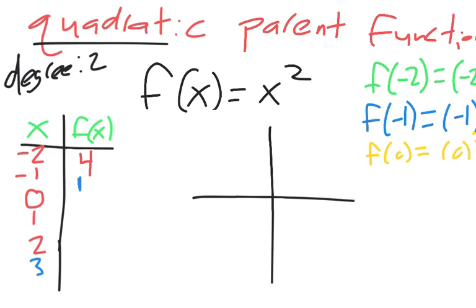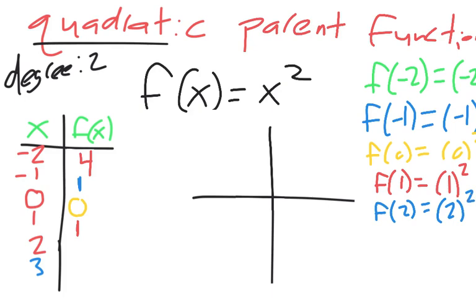What is 0 times 0? 0. Now let's plug in a 1. What is 1 to the second power? 1. Now let's plug in 2. What is 2 to the second power? 4. Now let's plug in 3. What is 3 to the second power? 9.